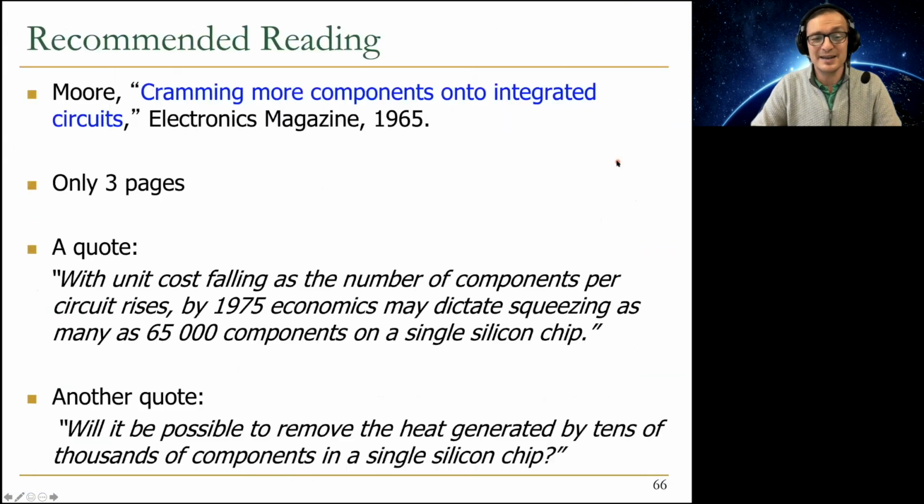Okay. And then there's also another quote, which is also interesting. Will it be possible to remove the heat generated by tens of thousands of components in a single silicon chip? So this is really foreshadowing what happens into the future. These components, when they switch, they consume power. First of all, will we be able to power it up?